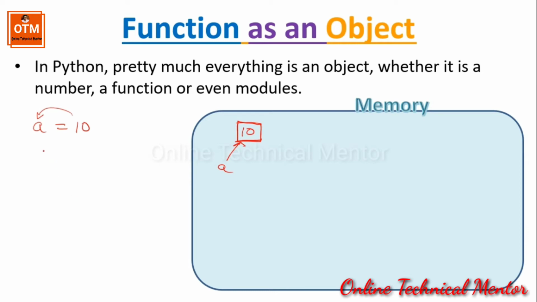So when we are writing b equal to a, that means b is assigned with the same address as a. I mean to say that the value 10 is residing within the memory area. That means it has some address, some starting or ending address. This a holds the starting address of this memory, or in other words, we can say that a is pointing to it.